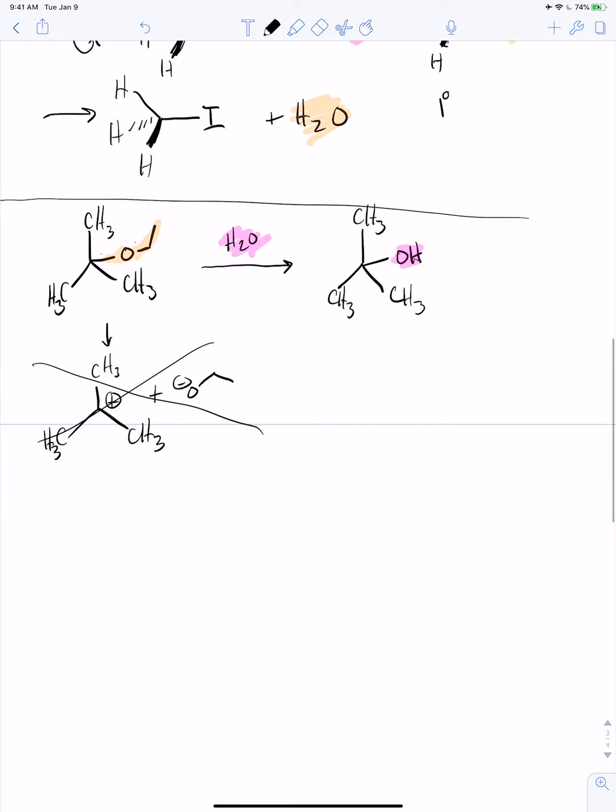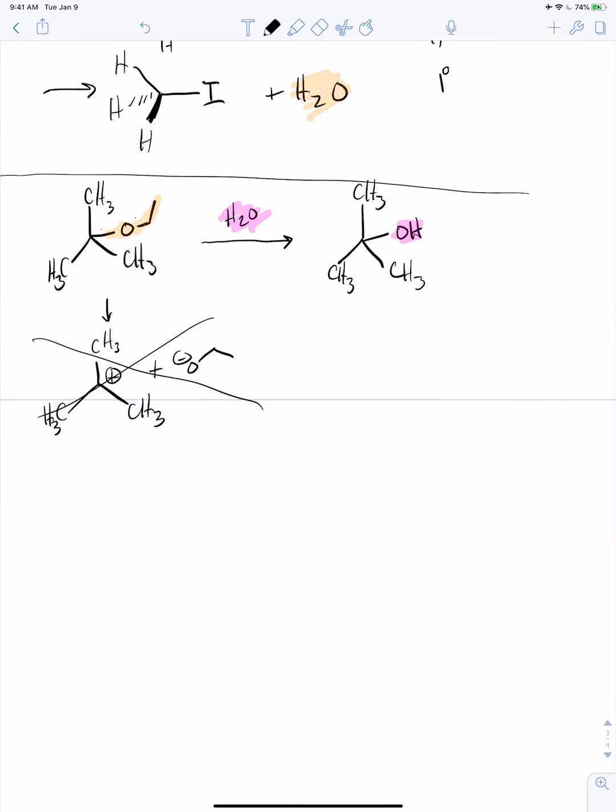But if we do the same reaction, but now I'm going to do water, and I'm going to add in just a teeny amount of H2SO4. H2SO4 we know is going to dissociate, and really what we can represent that as in solution is just H3O+.